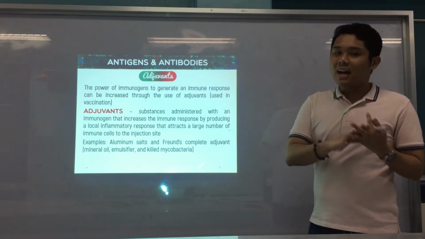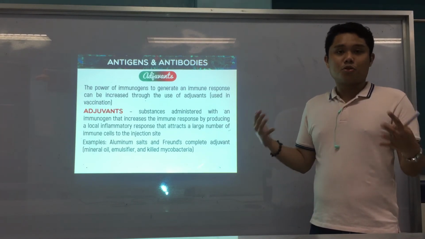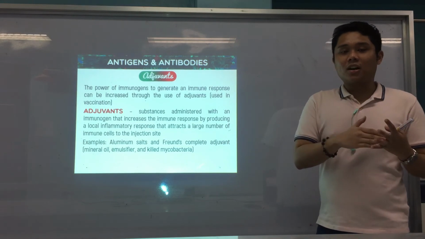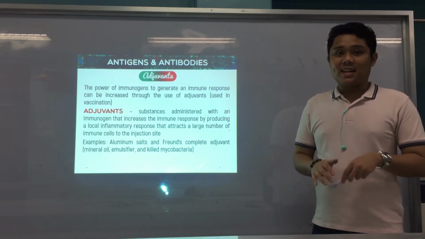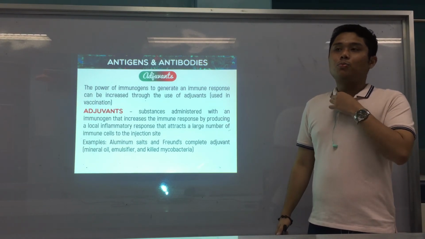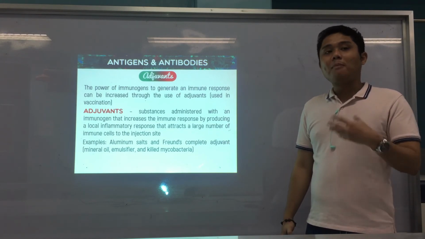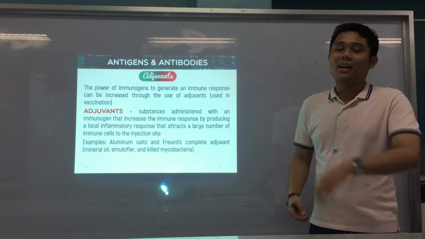So that more cells are involved, more antibodies are produced, and eventually the immune response of the body to that particular antigen or substance introduced in vaccination is stronger. That's the ultimate goal of vaccination. We want to produce antibodies good to combat the disease we are vaccinating against.